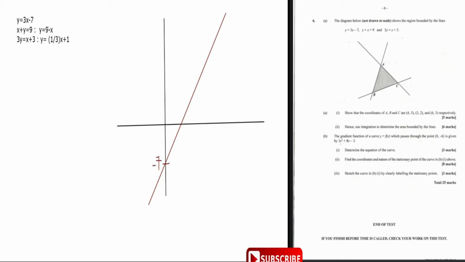Then we have the line y equals 9 minus x. Let's put that in another color. 9 minus x passes through positive 9 with a gradient of negative 1. That looks something like this.